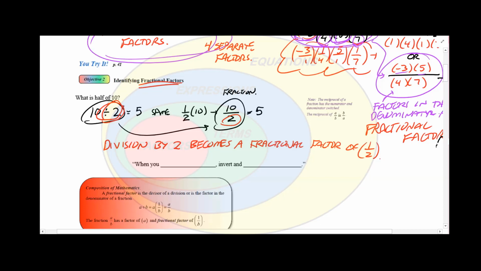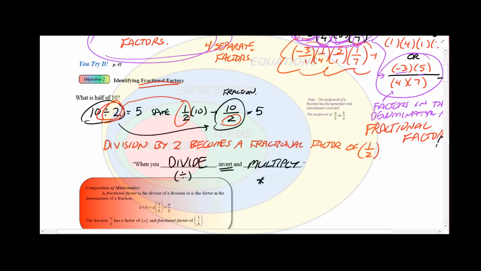So the divided by 2 is the same as a fractional factor of 1/2. It's really important that we look at factors. And all I'm saying is that every division problem, when you divide, and that's the division symbol, we invert and multiply. And it doesn't matter what fractions you have.